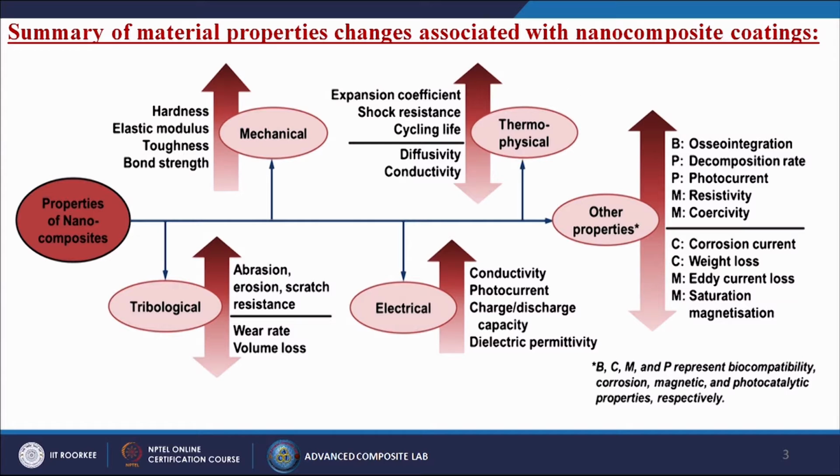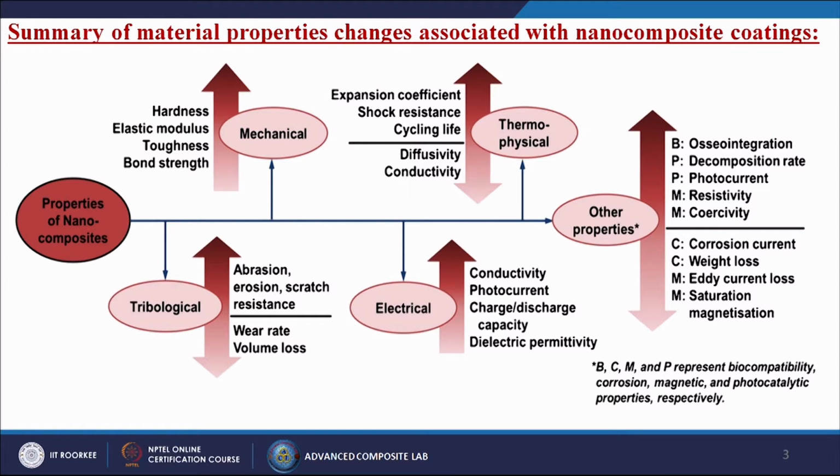It can improve the tribological aspects of those materials in terms of abrasion, erosion, scratch resistance, wear rate, and volume loss. When we talk about electrical properties, it can increase the conductivity, photocurrent, charge discharge capacity, and dielectric permittivity.